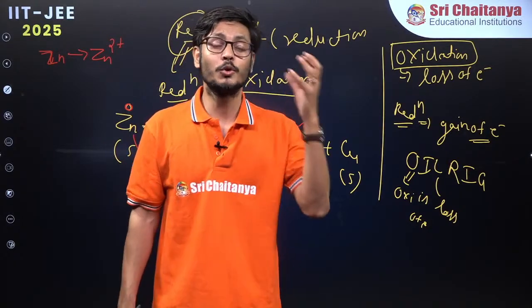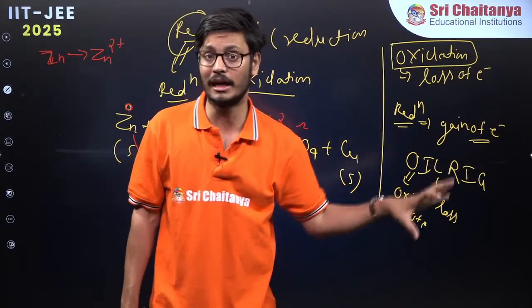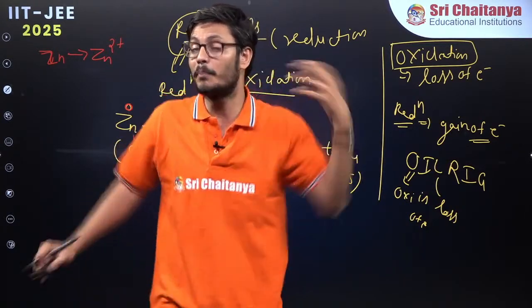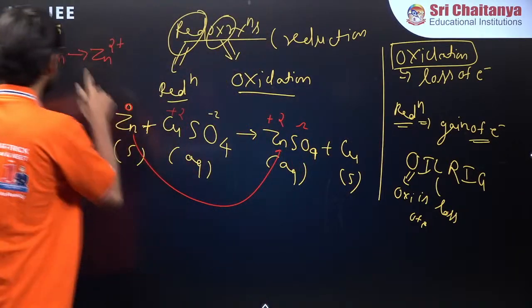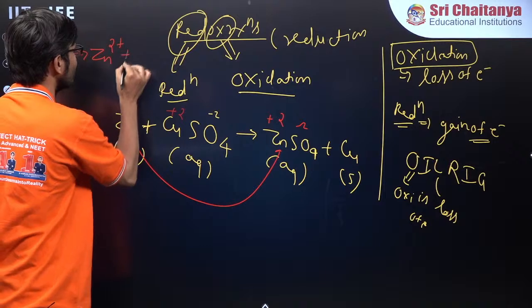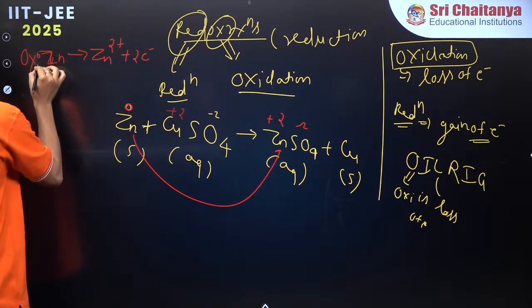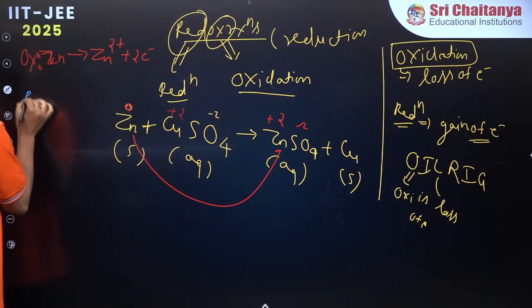To create negative charge, we add electrons. To create positive charge, we remove electrons. We don't touch the protons because it is the nucleus, and if you do anything with the nucleus, you'll have a nuclear bomb. So Zn converts to Zn2+, it must have lost 2 electrons. So this process becomes oxidation.